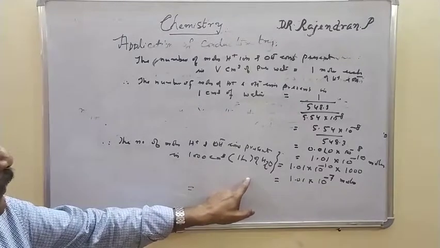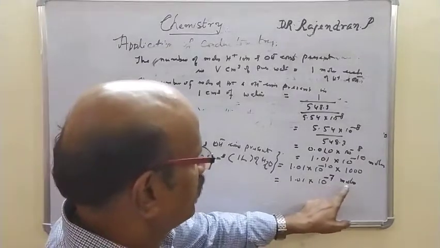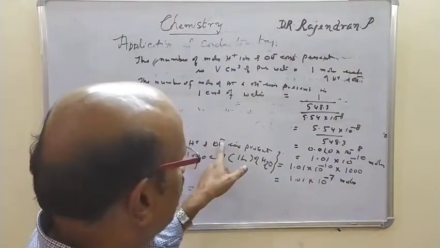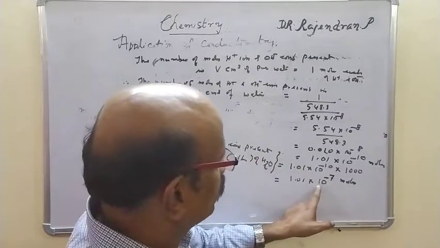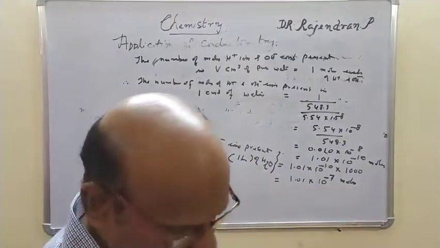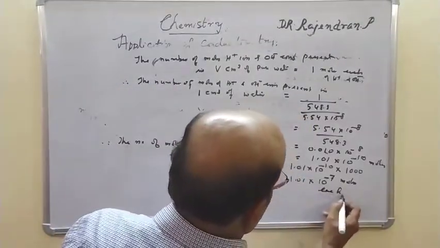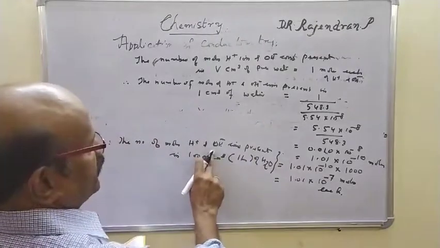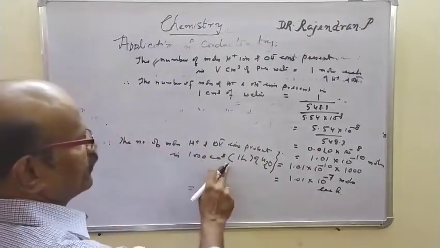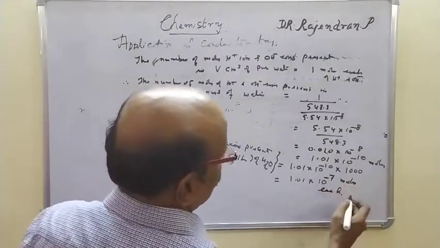So a sample of water contains 1.01 into 10 raised to minus 7 moles of H plus ion and 1.01 into 10 raised to minus 7 moles of OH minus ion. So the number of moles of H plus ion and OH minus ion present in 1000 cc is 1.01 into 10 raised to minus 7 moles each.